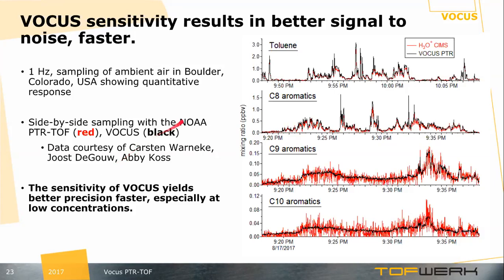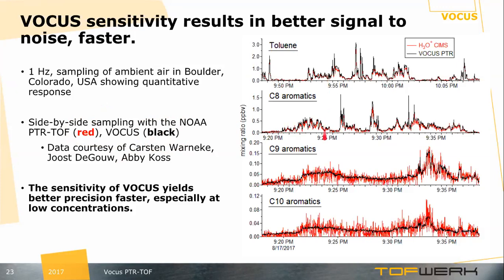Here we can see very quickly, the NOAA instrument is in red and the Vocus instrument is in black. For concentrations that are high, on the order of a few ppb, like toluene, the agreement is really quantitative, but the noise level is not so much better with the Vocus. I mean, it's better, but it's not going to completely change the way you interpret your time series.